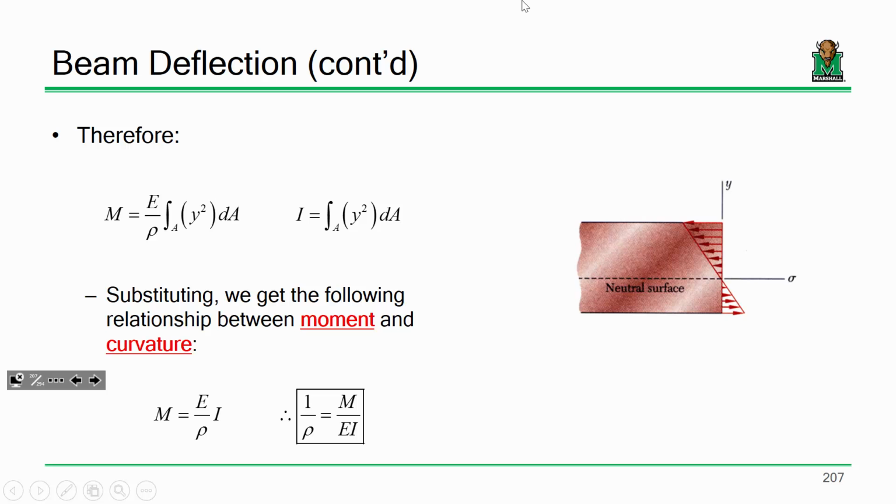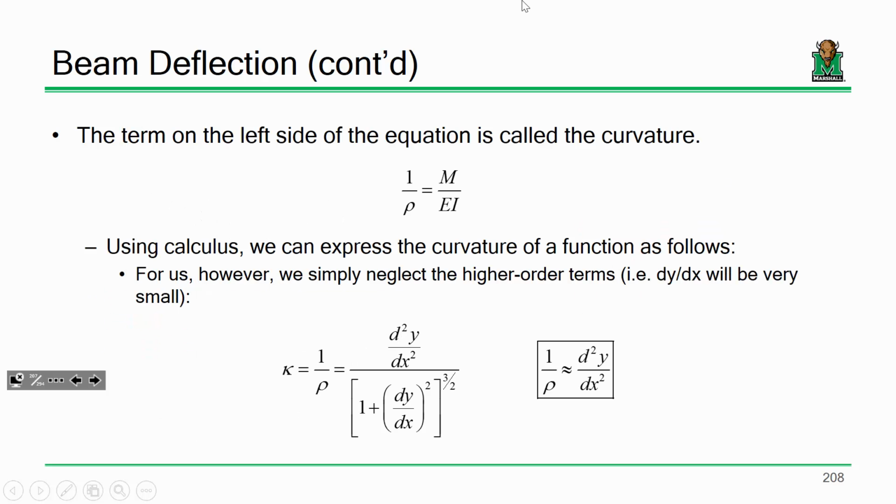Now, you all have had calculus. It might have been a while, and it might have been mentioned in a very cursory fashion, but one of the things that you talk about in calculus is how to compute curvature. This isn't the same thing as concavity.